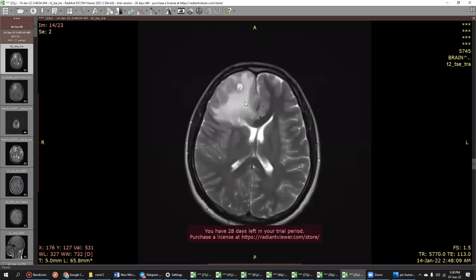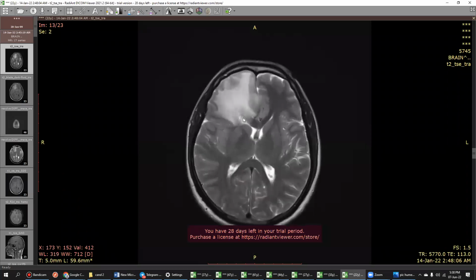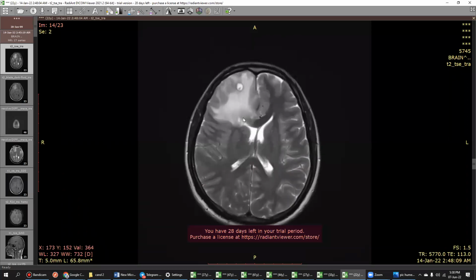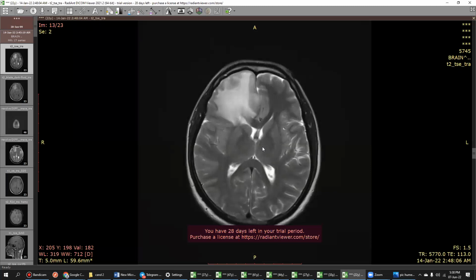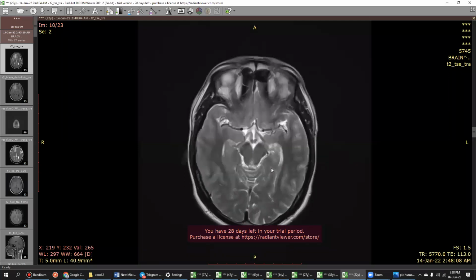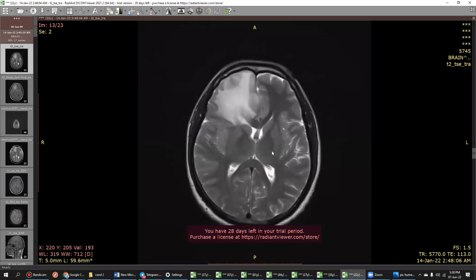There is another well-defined rounded high signal intensity lesion in the cortical subcortical region with significant surrounding edema and subfalcine herniation, mild midline shift and compression over the left lateral ventricle. I would like to assess the contrast enhanced study and the diffusion weighted images, as I'm suspecting this could be an abscess or a metastasis.